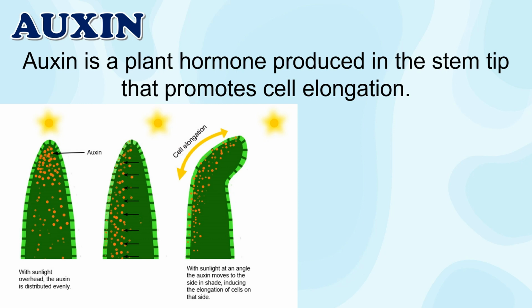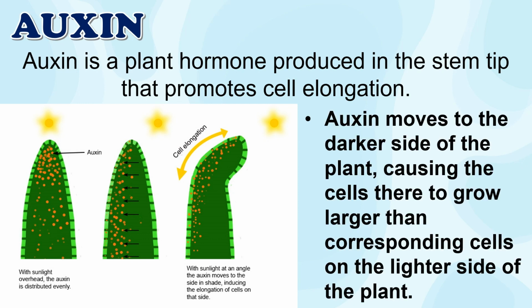So, when the sun turns in different directions, the auxin will go through the dark side of the plant. Okay? So, nagkakaroon po yun ng bending habang tumatagal. Nagbe-bend po yung plant. Ayan. So, auxin moves to the darker side of the plant.